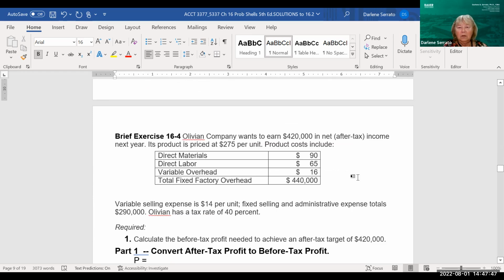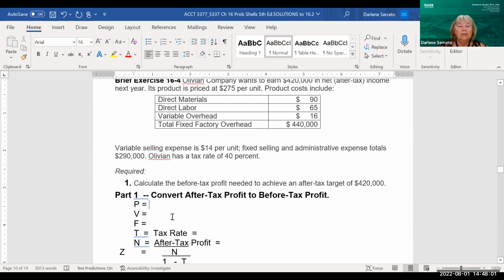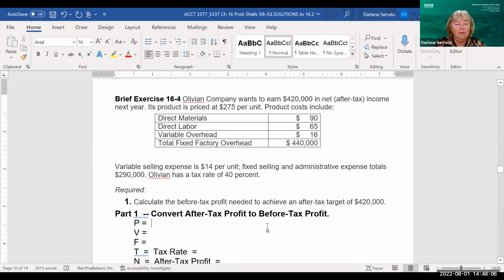Okay, so we're going to do Brief Exercise 16.4. They want an after-tax profit of $420,000. Let's plug in all these numbers. 275 is the selling price.